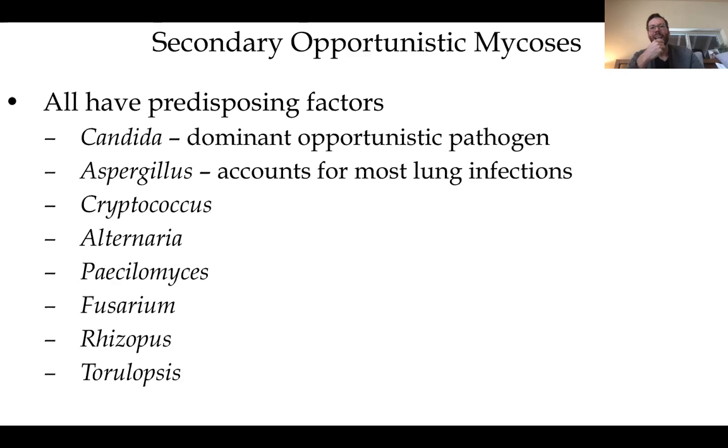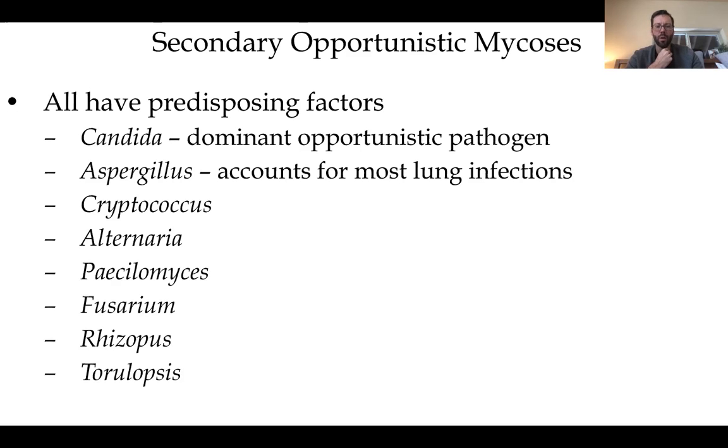So secondary opportunistic mycoses. Not the true primary, these are secondary opportunistic. That means there has to be some kind of predisposition to allow this to happen, typically immunocompromisation. Candida is going to be one that's quite prevalent in immunocompromised people.